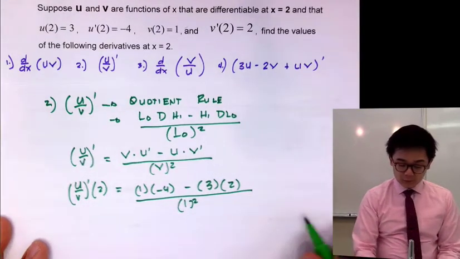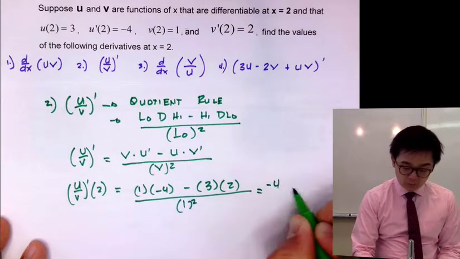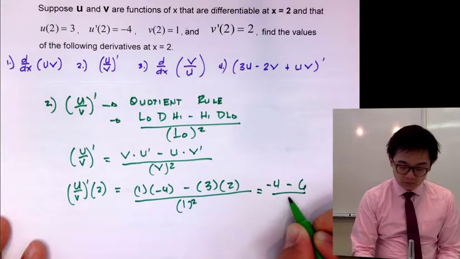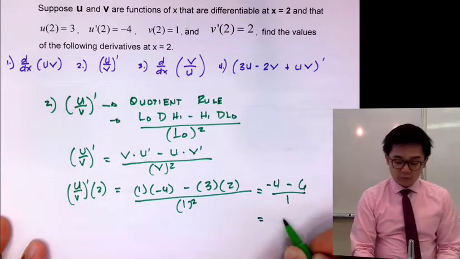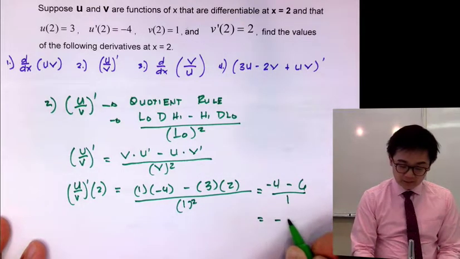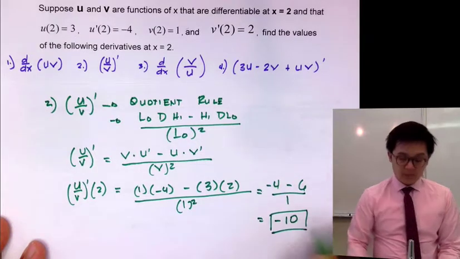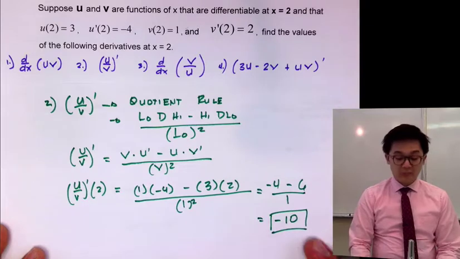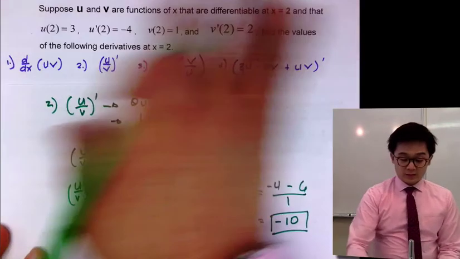So with this, we'll have -4 minus 6 all over 1. And -4 minus 6 is simply -10. So this will be our answer, the derivative on the second problem, given this information.